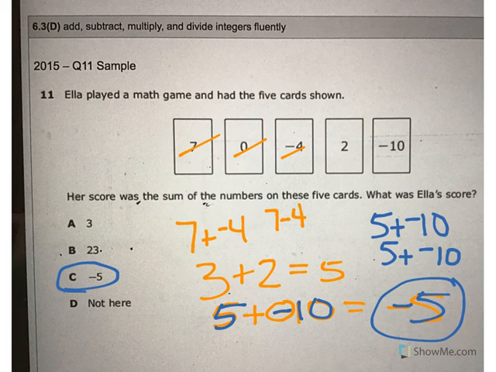But if I were doing 5 plus negative 10, I would just hit 5, addition, and then hit the negative button, 10, and then enter. If I rewrote it as 5 minus 10, I could just hit 5, subtract button, 10, enter, and both of those, if I entered them correctly, should give me negative 5.